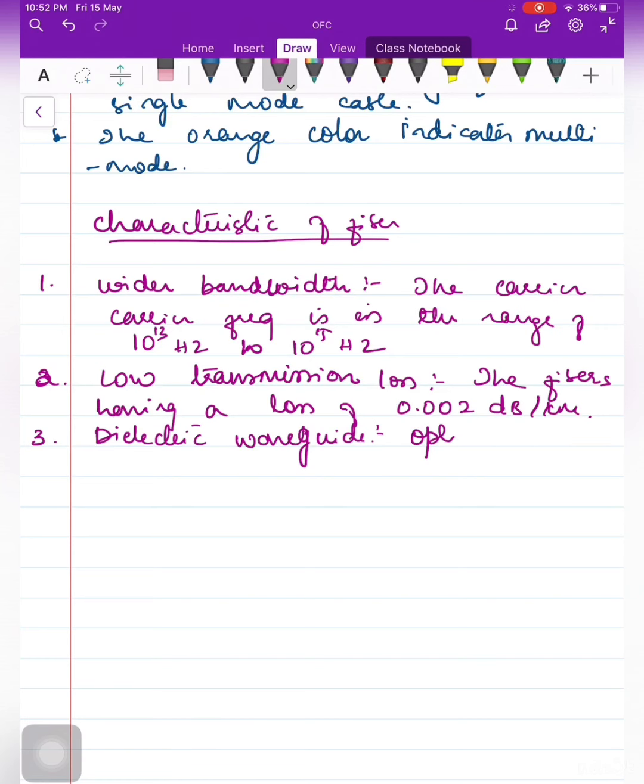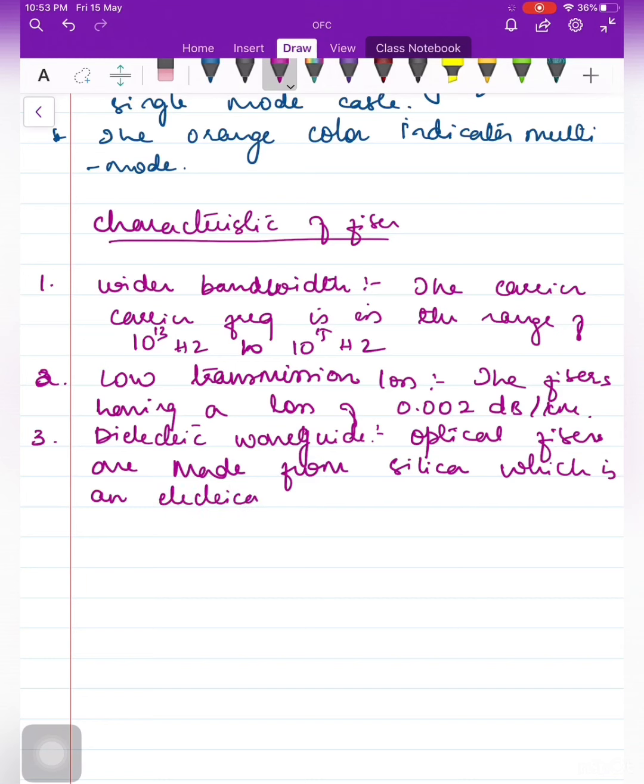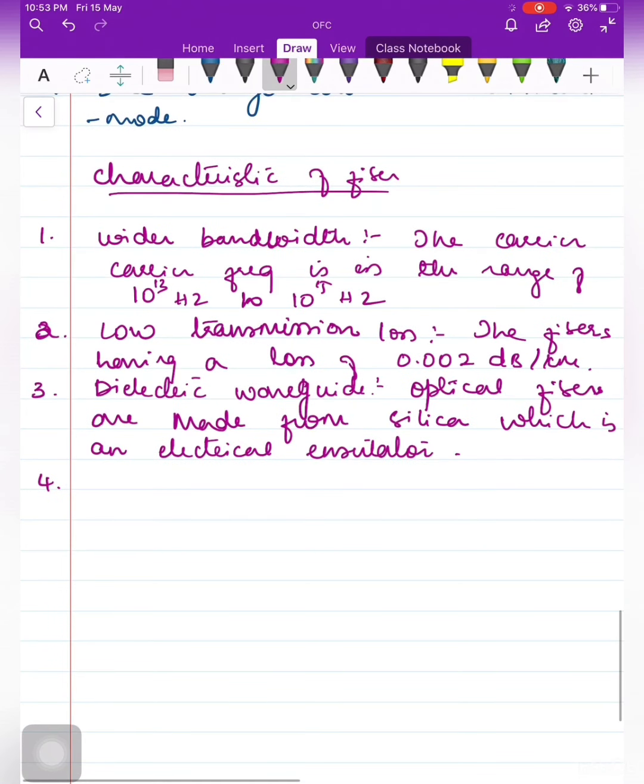The optical fibers are made from silica, which is an electrical insulator. So they do not pick up any electromagnetic wave or high current lightning. Hence this is one of the characteristics of a fiber.